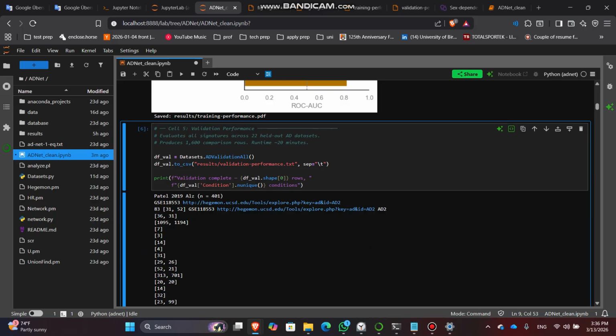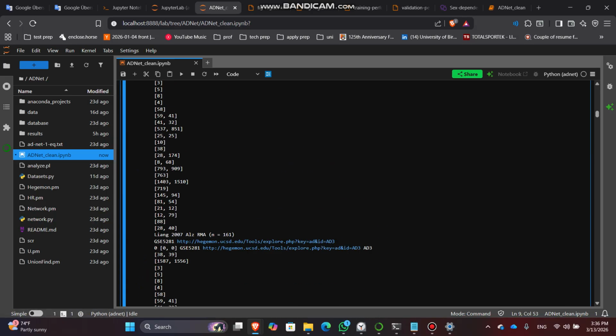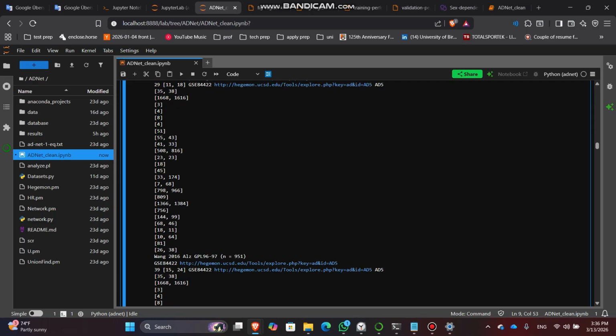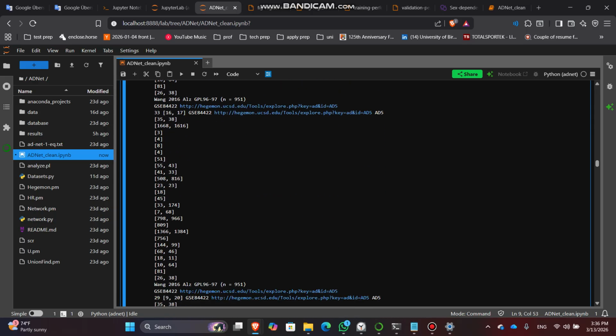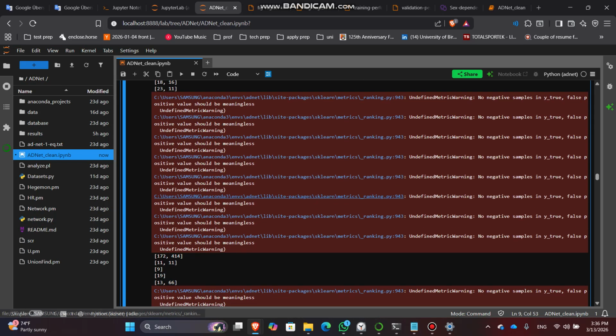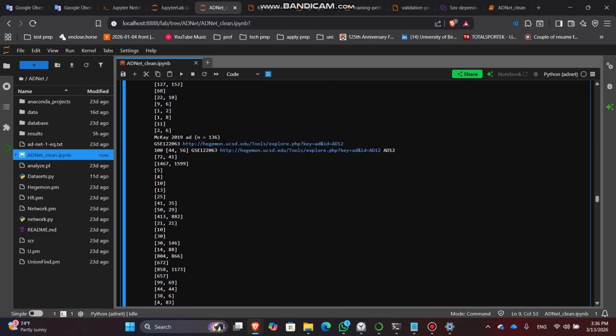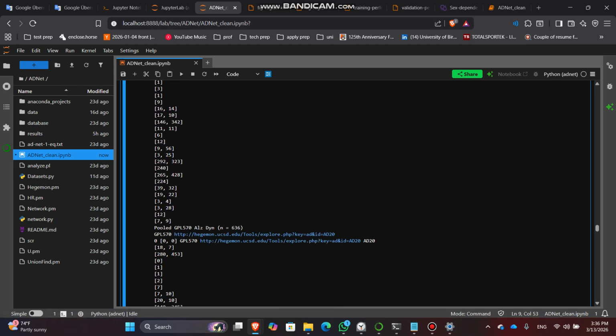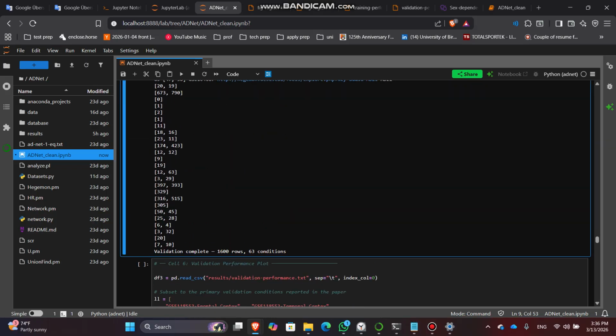Cell 5 is the full benchmark AD validation all. This runs across 22 held out datasets and took about 20 minutes. So again showing pre-computed output. 1600 comparison rows across 69 conditions.